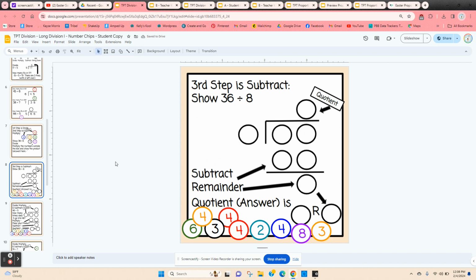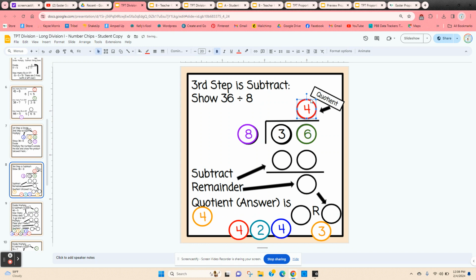The next slide is going to be the same problem. This time students are going to go to the third step, which is subtract. So here they have 36 divided by 8. Again, they know now where these numbers go. Divide, 8 goes into 36 4 times.